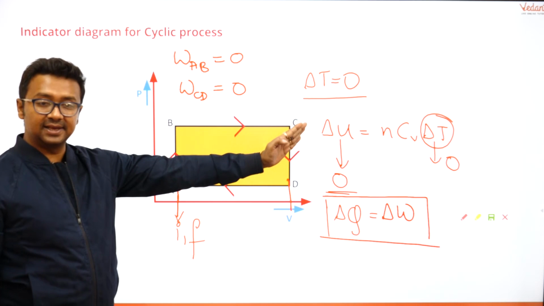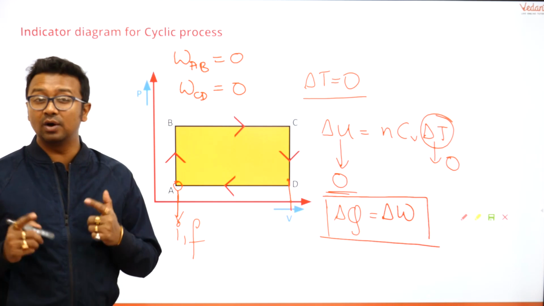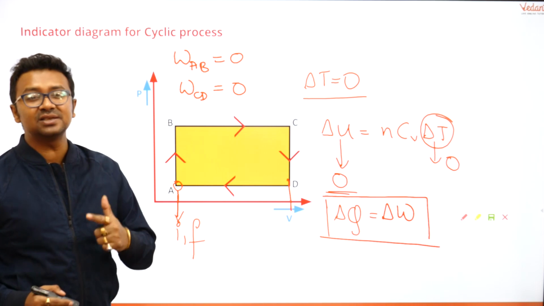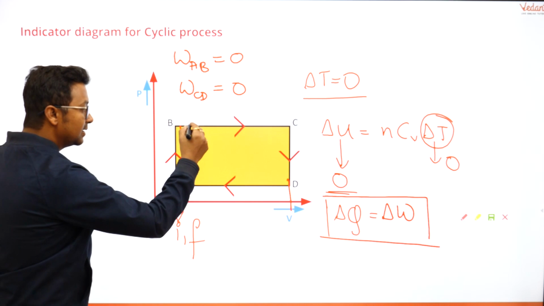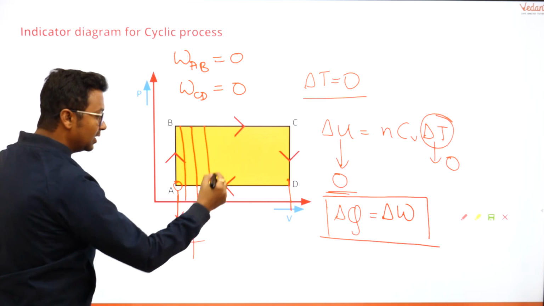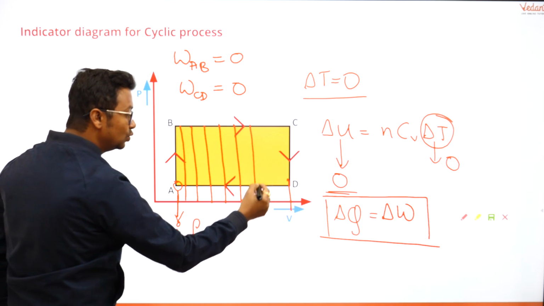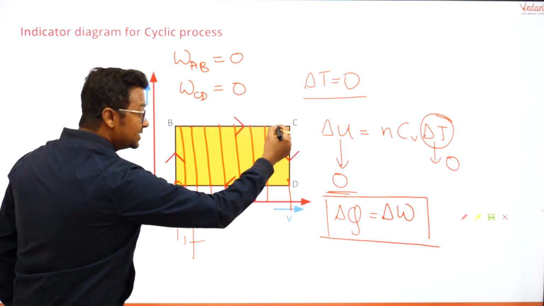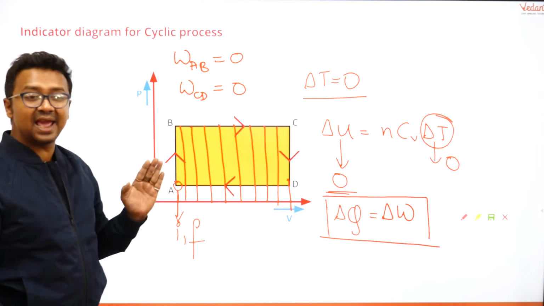What about BC? During BC, what is happening, my dear students? Expansion is taking place. So work done will be positive. And what is the work done? It's the area under the curve, this. All this area that we are taking from the top to the axis is the work done during the process BC.